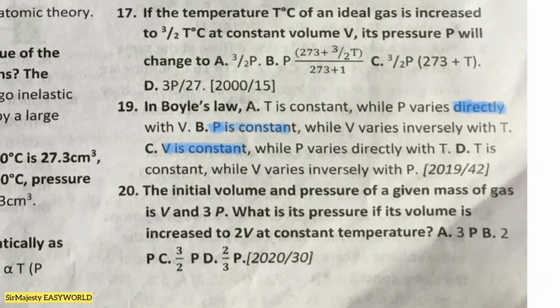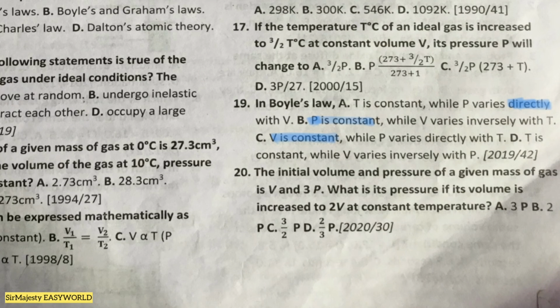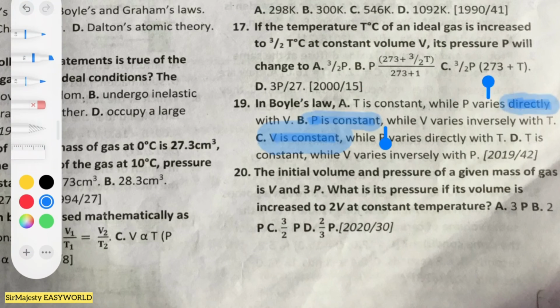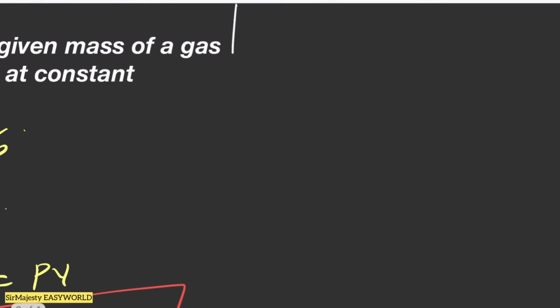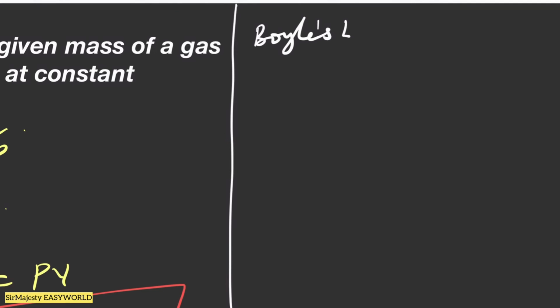That reminds me, I'm going to establish a little difference between these three. There are conditions where one is constant and the others vary. So here I want us to see a clear difference. What is constant in Boyle's law? Temperature is constant.